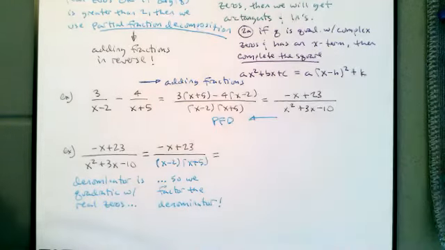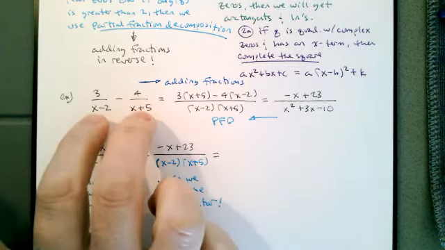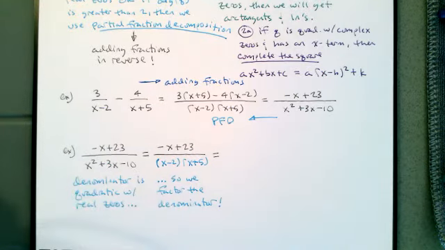The next part is the setup. We're going to write the decomposition, but the key thing here is we don't know what the numerators are going to be. We are looking for the numerators. So the next part is the setup.